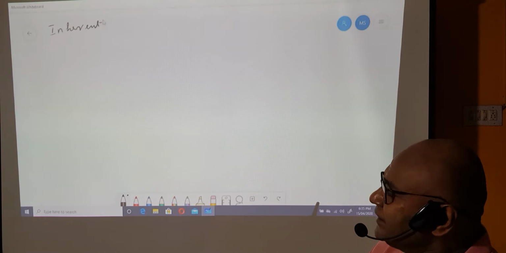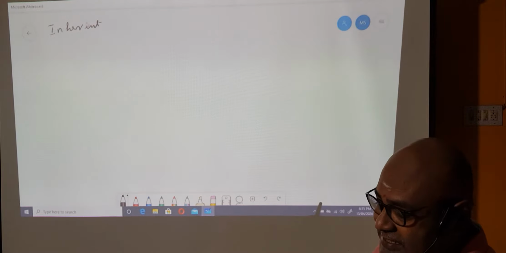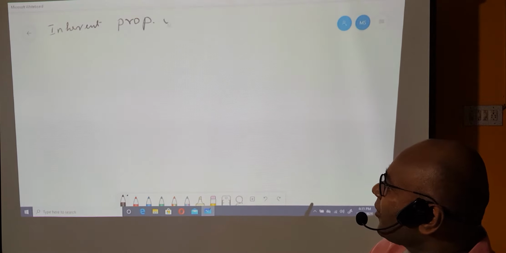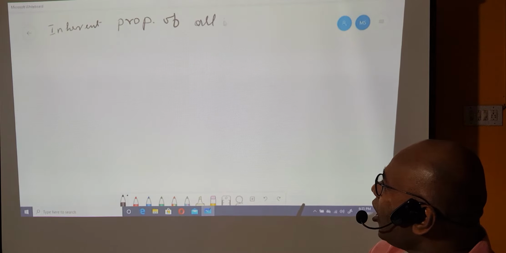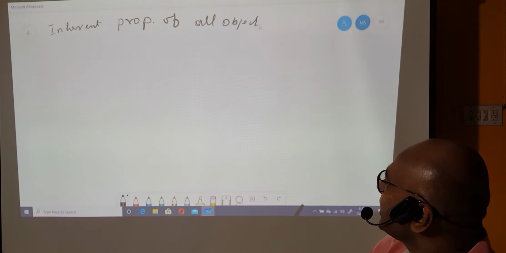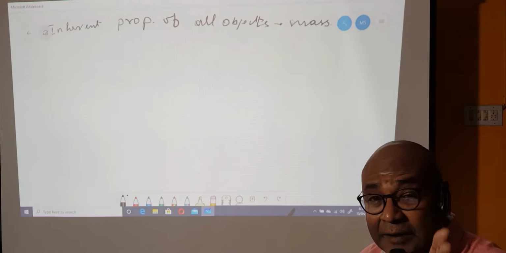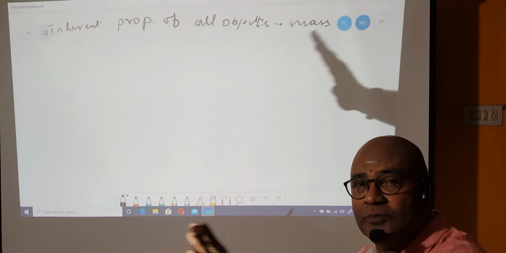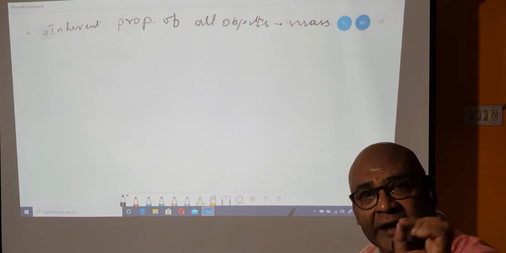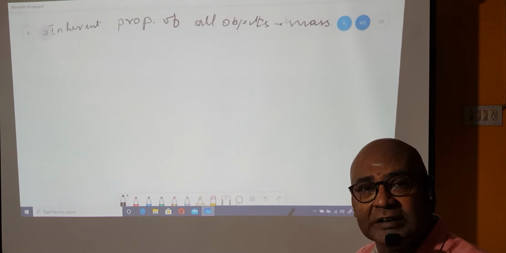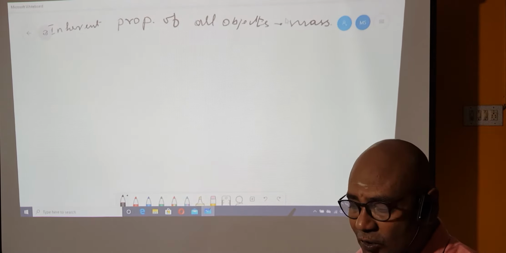Inherent means hidden or basic. The inherent property of all objects or all materials is taken to be mass. Each and every object in this universe has its own mass.